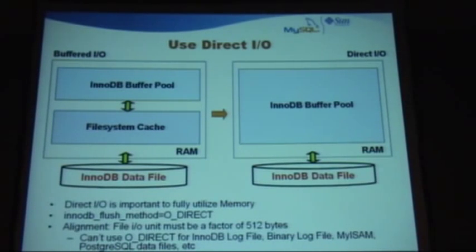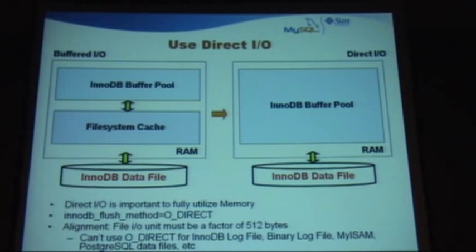To highly utilize memory, direct I/O is very important. Buffered I/O requires file system cache. For example, when accessing a data file, the data is first cached in the file system cache, then loaded into the buffer pool. So it's a duplicate cache, not efficient. By using direct I/O, it bypasses the file system cache, so it can fully utilize memory.